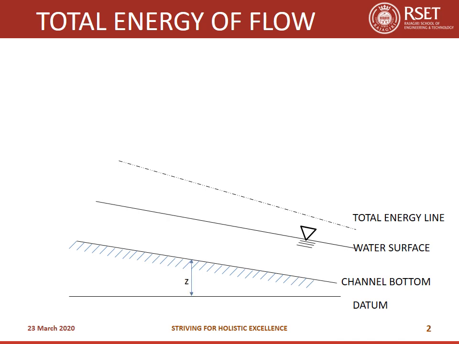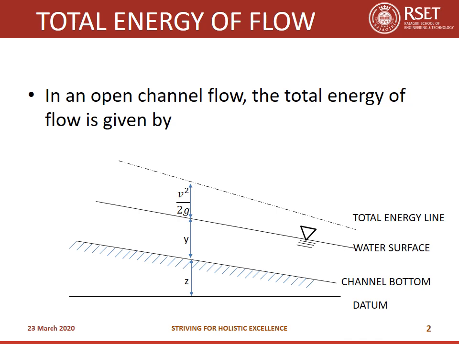The distance from the datum to the channel bottom is Z. The distance from the channel bottom to the water surface is Y, and the distance from the water surface to the total energy line is V squared by 2G. So adding all this up, in an open channel, the total energy of flow is given by Z plus Y plus V squared by 2G.